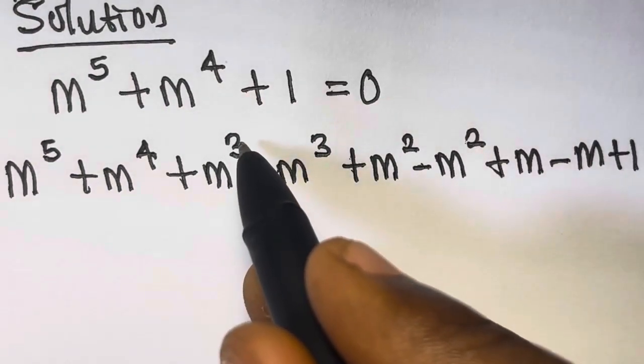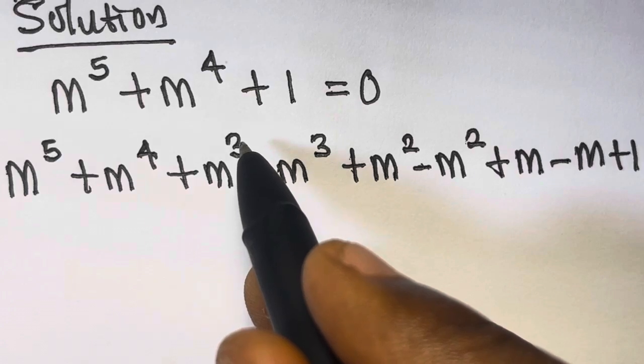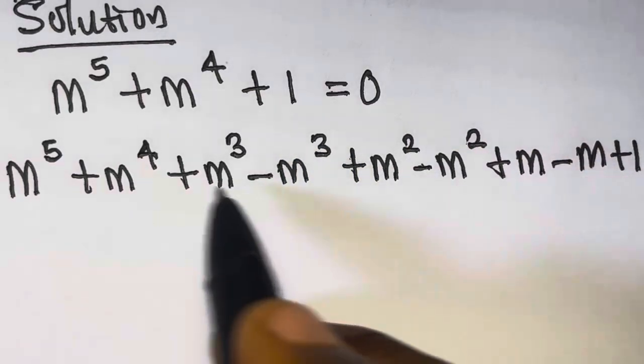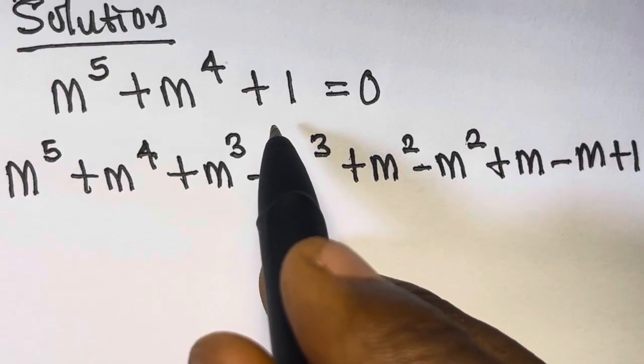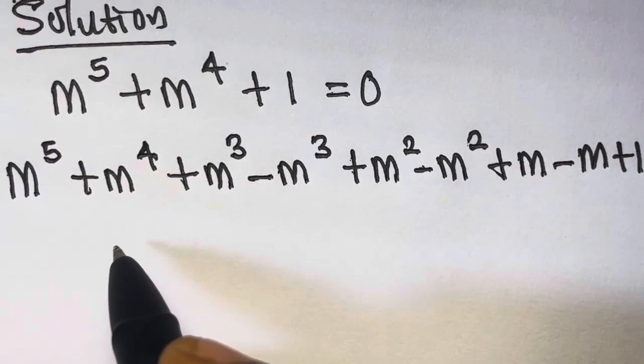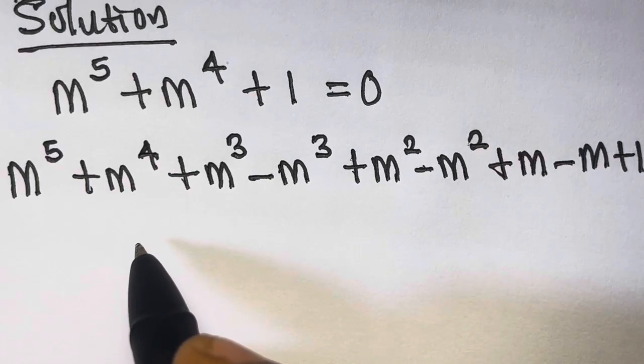If you see, the m raised to the power 3 terms cancel, and these cancel, so we have the original equation here. But let us collect them according to their like sign and the order of their power.